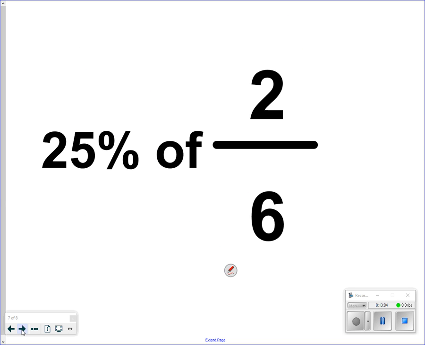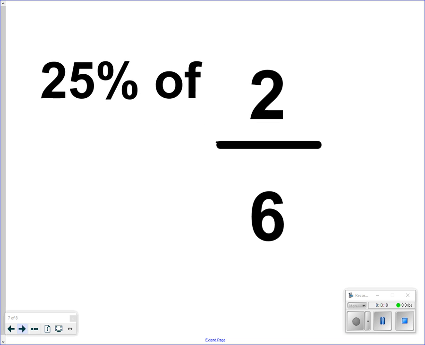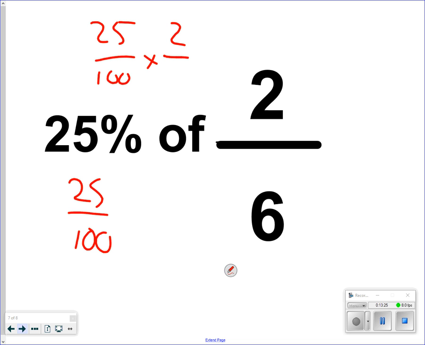Next one, 25% of 2/6. You're probably wondering, how on earth are we going to solve this? Whoa, I'm moving this around. We'll take a look. Well, what's 25% as a fraction? It's 25 over 100. So you could just write it like that. 25 over 100 times 2/6. Let's see how we do.